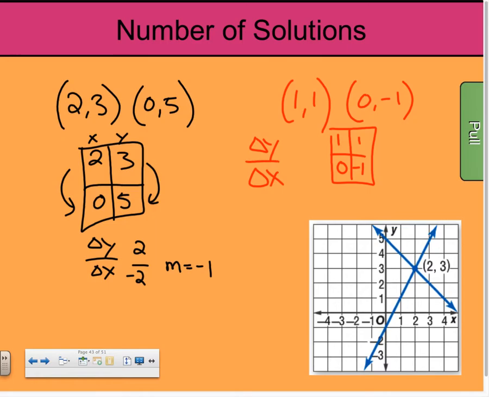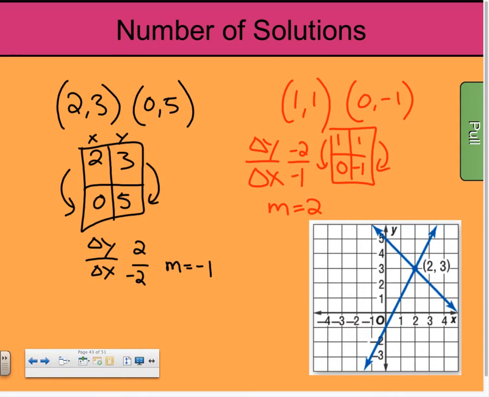The change in y, we go from 1 down to negative 1, which is a change of negative 2. And then for the x's, we go from 1 to 0, which is a change of negative 1. So negative 2 divided by negative 1 is in fact 2. So in this situation, our slope equals 2.